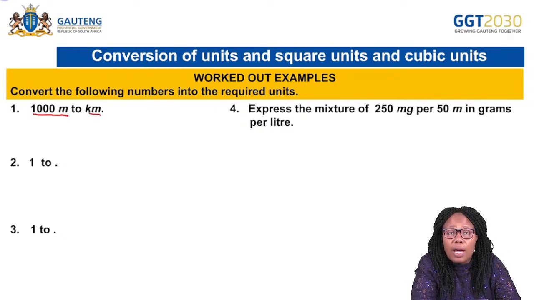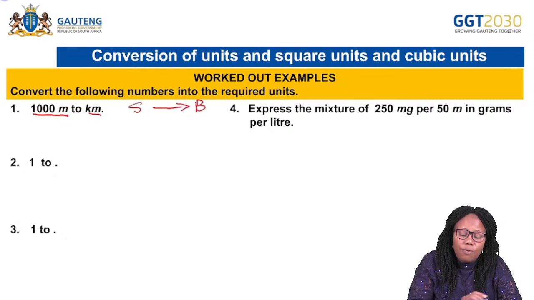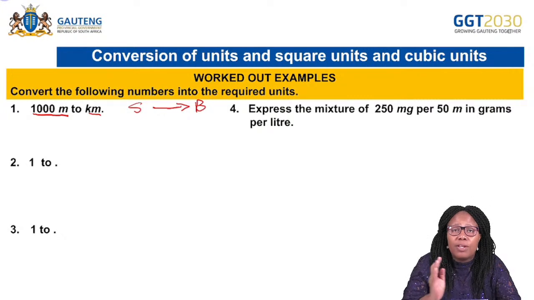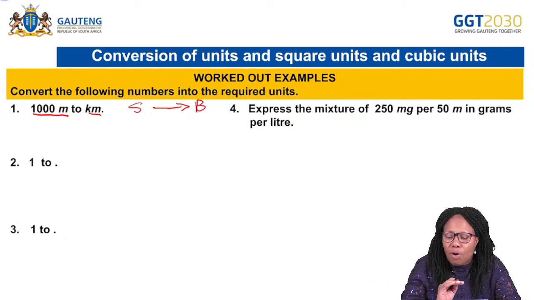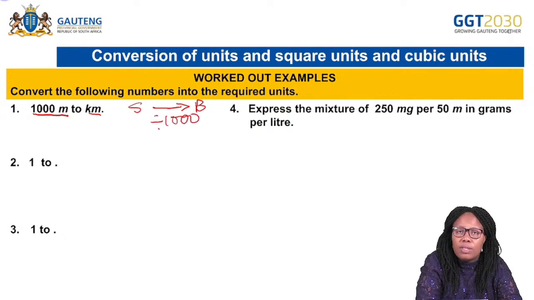How are we moving? Small to big. Okay. So if it is small to big, from meters to kilometers, remember the meter is in the middle and you are moving to your far right, grade 12, as we indicated previously. Therefore, if it is small to big, that means we are dividing by how much? By 1,000 in this case.